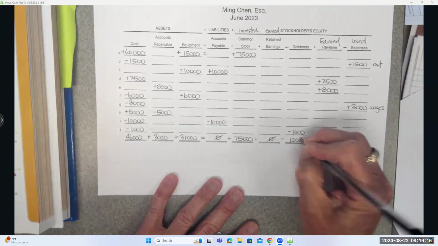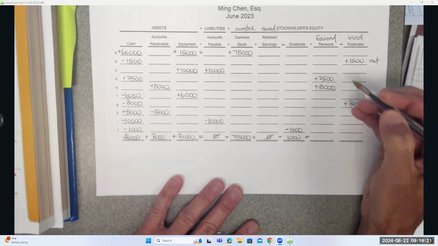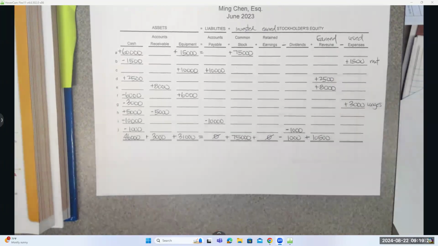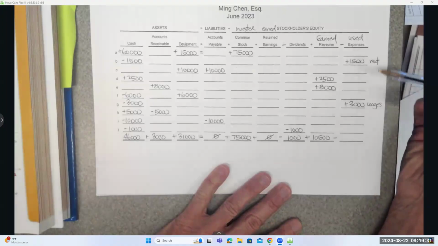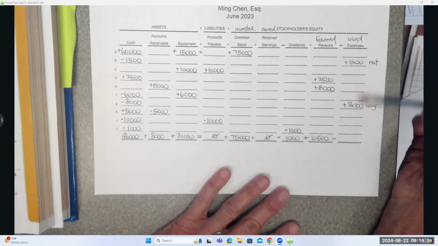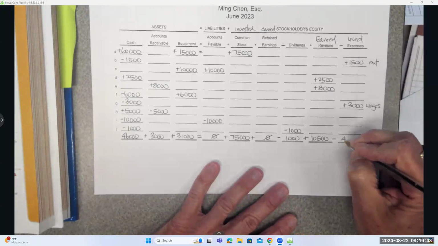Paid out 1,000 in dividends. Earned a total of 10,500 in revenue. And then overall, we're going to subtract the total. As the expenses go up, the total equity goes down. So we're going to add these up, but then subtract it from the total. So that's 4,500.